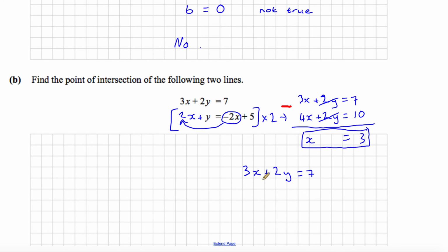Well, I know that x is 3, so this becomes 3 3's plus 2y equals 7. 3 3's gives me 9 plus 2y equals 7. I'm going to bring this 9 over here. It becomes a negative 9, leaving me with 2y is equal to 7 minus 9, which is minus 2.